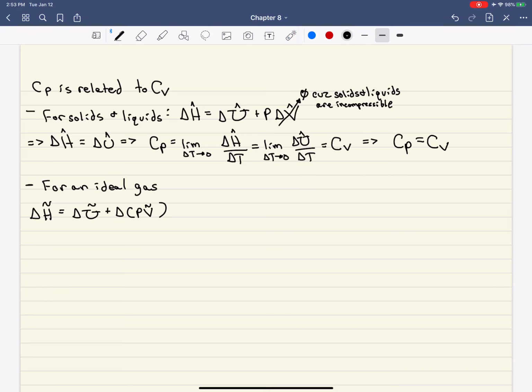And so based on the ideal gas law, we know that P times the molar volume is just equal to the gas constant times temperature. So I'm going to replace PV squiggly with RT, plus delta RT. So that's what the enthalpy is equal to.